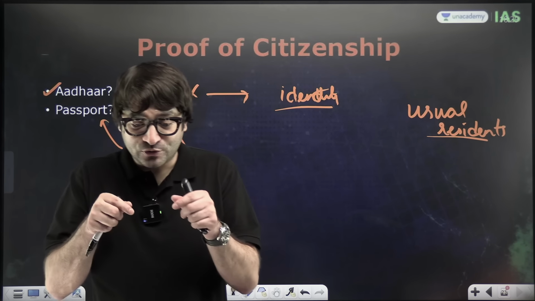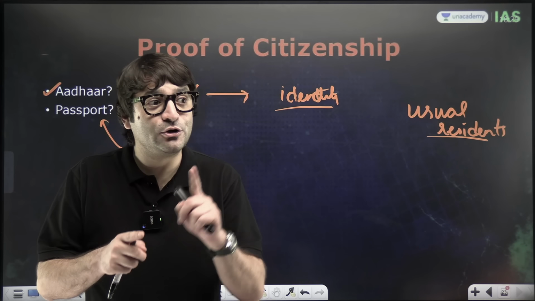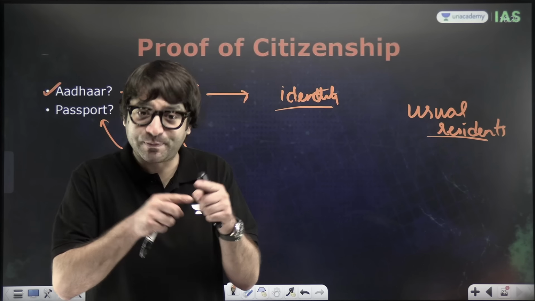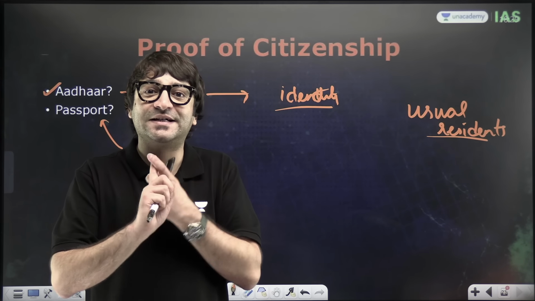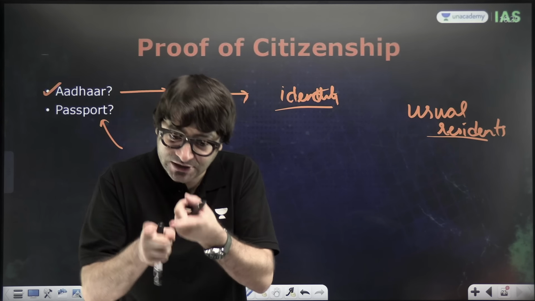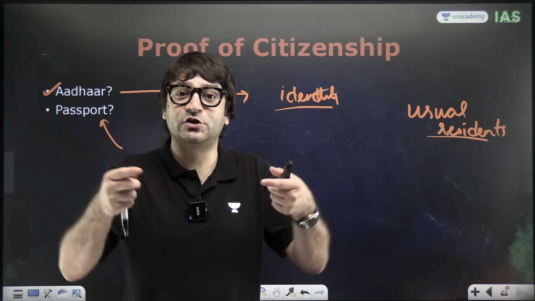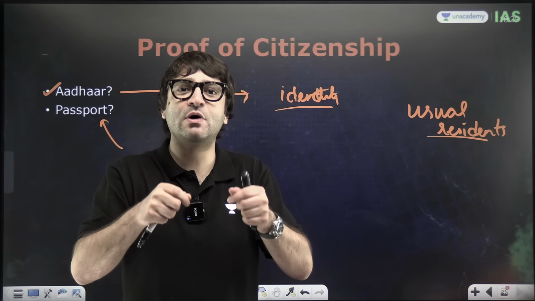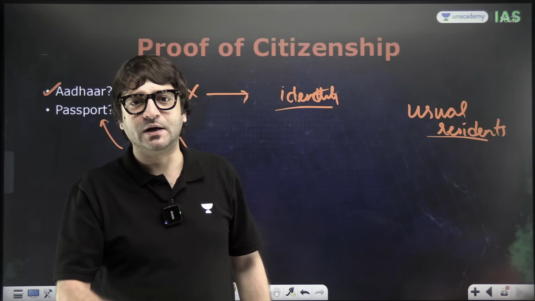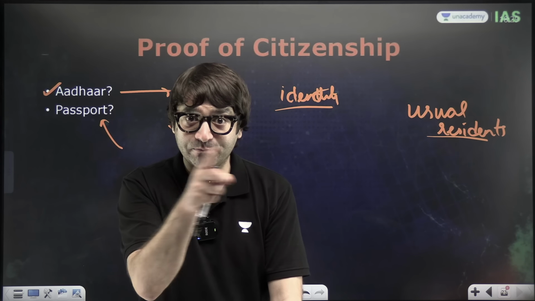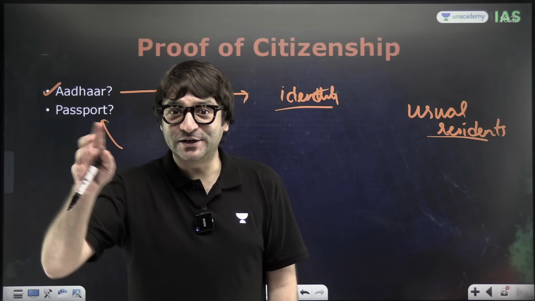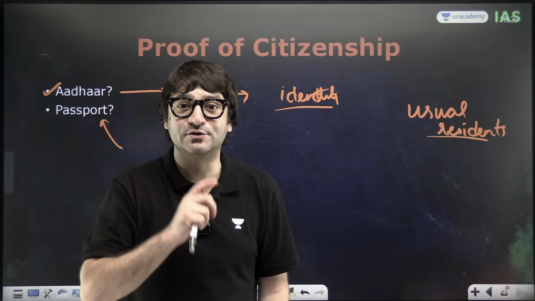Why? Because you cannot be the citizen unless and until your parents are also citizens, especially those who were born after 1987. Because till 1987, we used to follow the practice of Jus Soli, which means law of the soil, which means whoever is born on the soil of India becomes an Indian. After that, one parent has to be an Indian. Other parent does not have to be an illegal migrant since 2003.